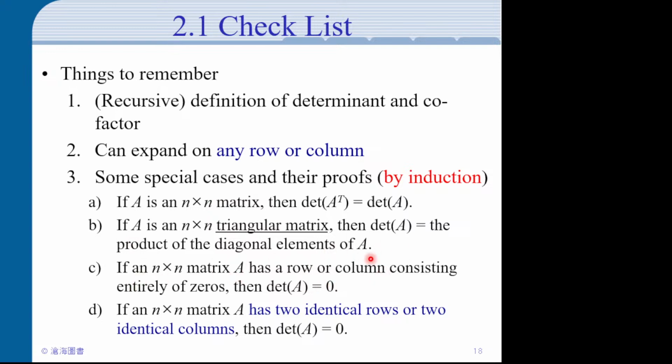For an n by n matrix, if a row or column is all 0, then the determinant is 0. And this is a less obvious one: if A has two identical rows or columns, then the determinant is 0. We are going to use this to prove a lot of things now. Basically, we are going to build from this to characterize when A is singular.